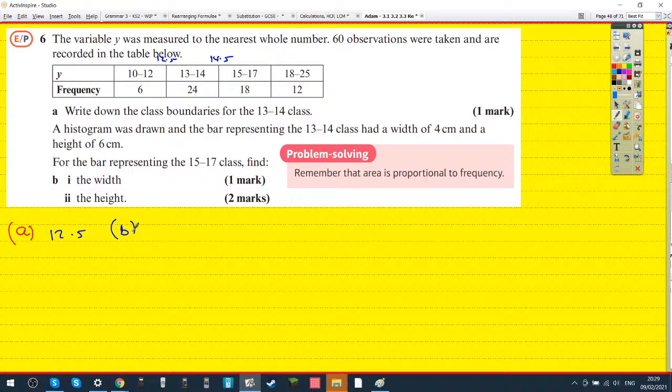So we know that 18 is the frequency. Frequency is proportional to area, so area times the constant of proportionality gives you frequency. This one has a width of 4 and a height of 6.